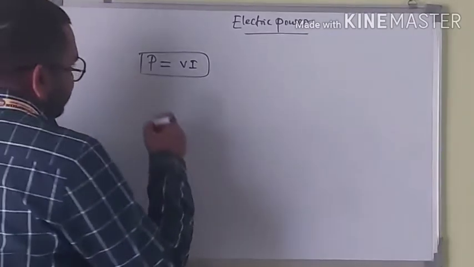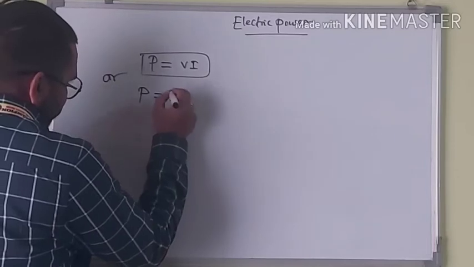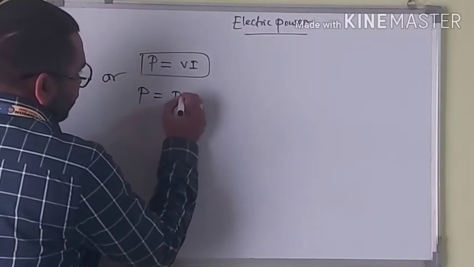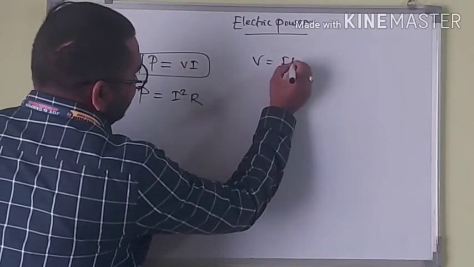Okay, so according to this we can also write this as P is equal to I square R, because we know that V is equal to IR.